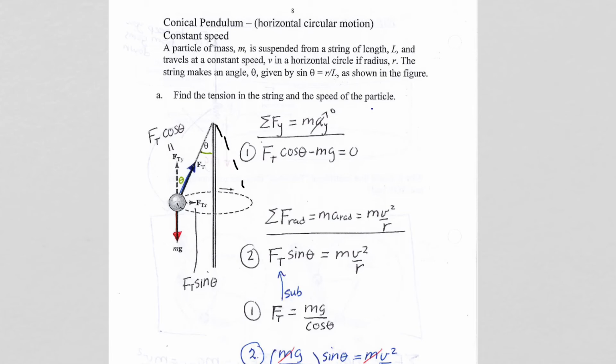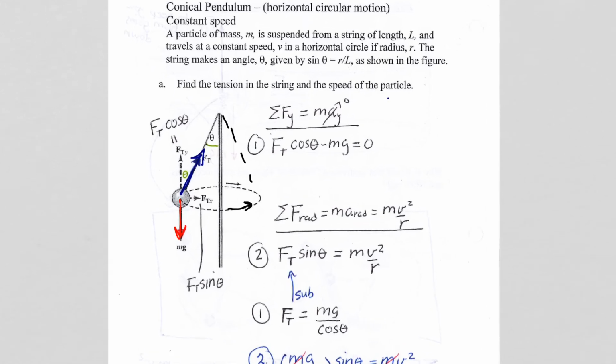And when it's spinning around this dashed circle, there really are only two forces ever acting on the mass. The gravitational force is always straight down the whole time as it spins around. And the only other force in the problem is the tension in the string, and tensions pull, never push.